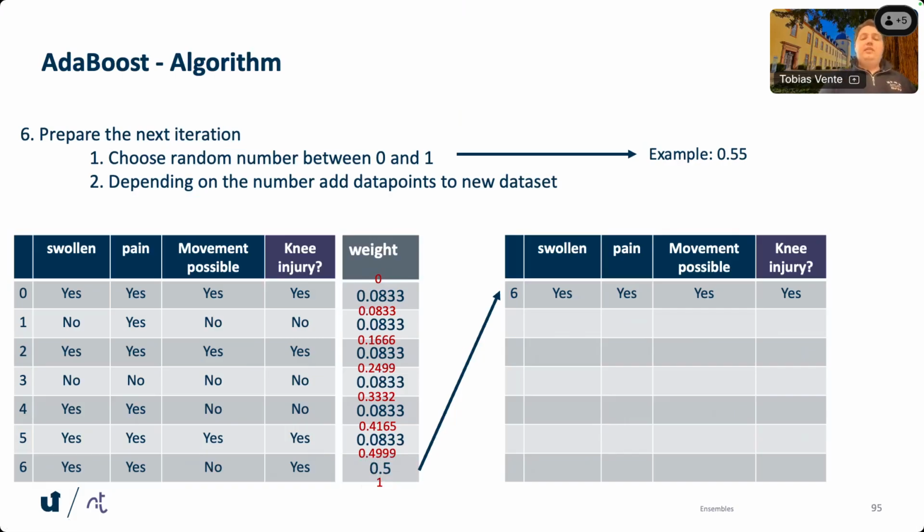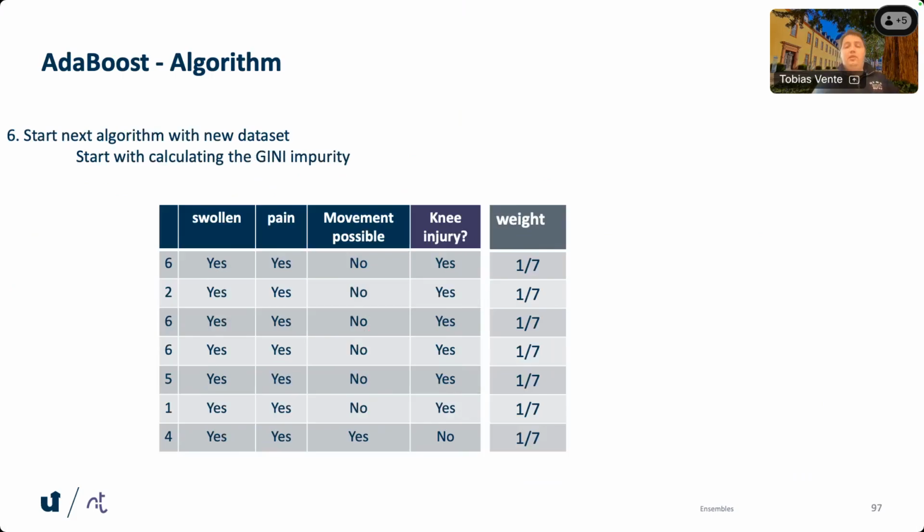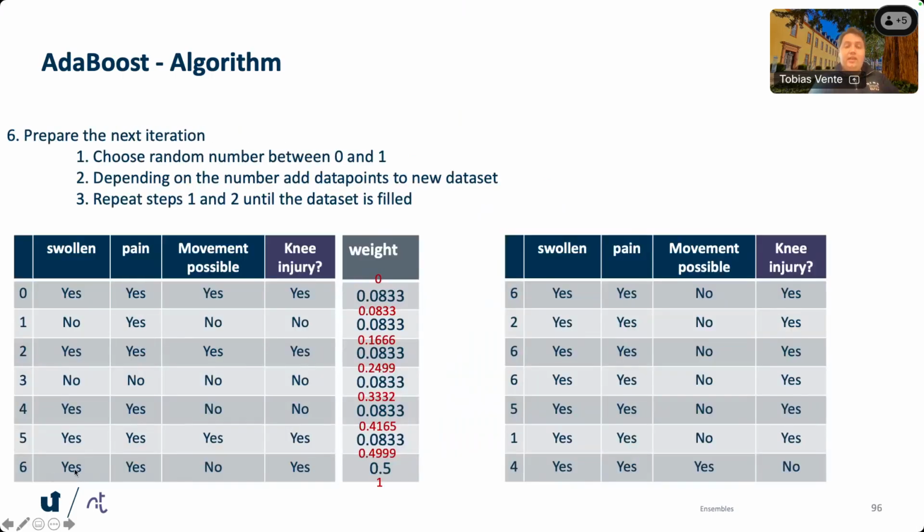Since the range of the last data point is the highest, if we assume a uniform distribution while randomly sampling, we will most often sample this one data point that has the highest weight. So in the new data set, this is data point 6, and 6 appears 1, 2, 3 times. So almost half of the data set is now this data point that we misclassified.